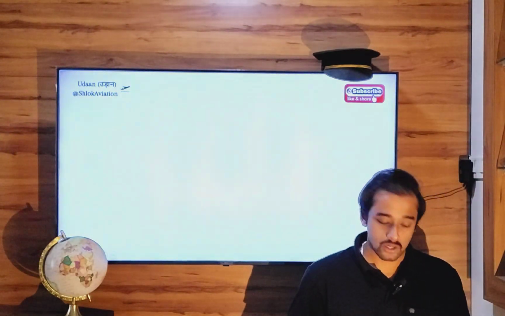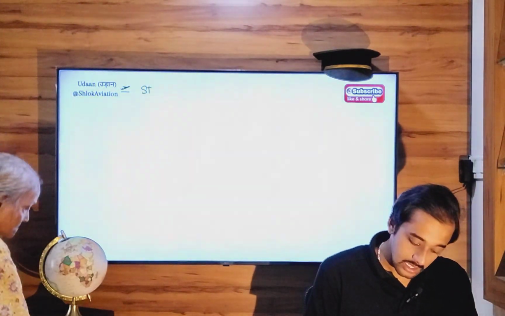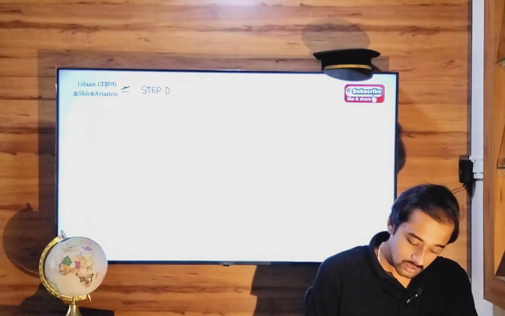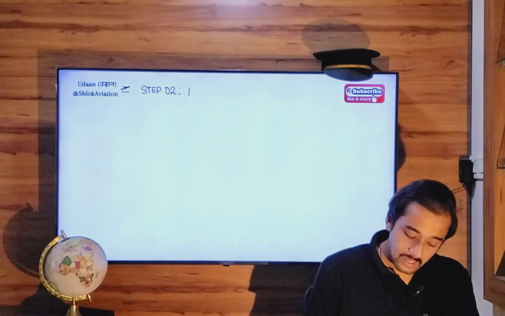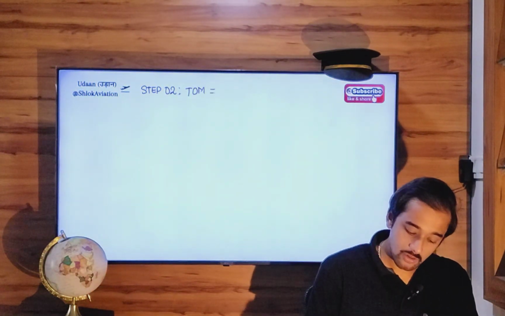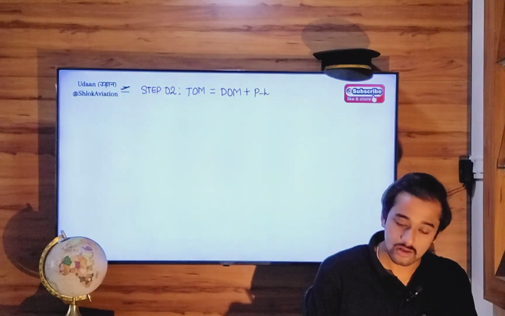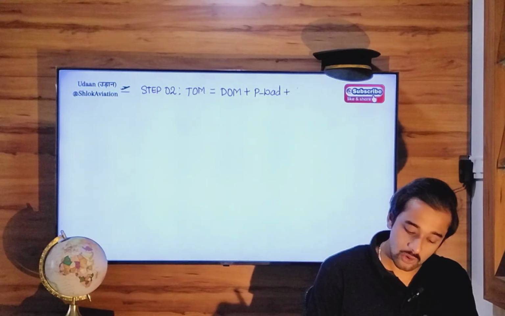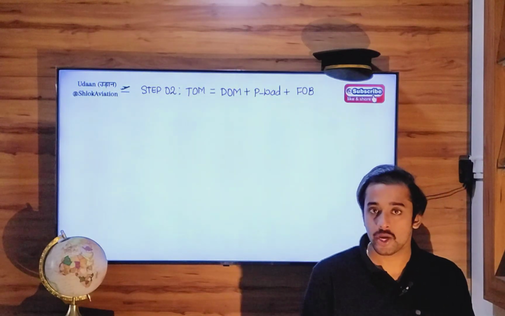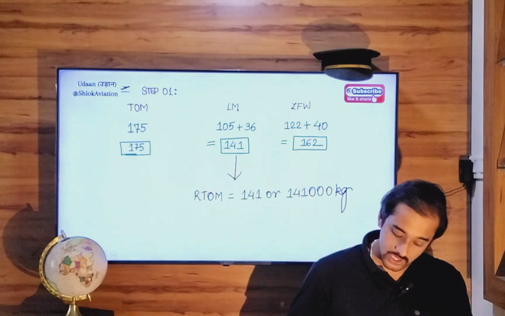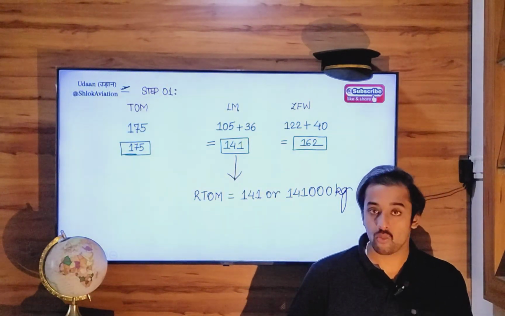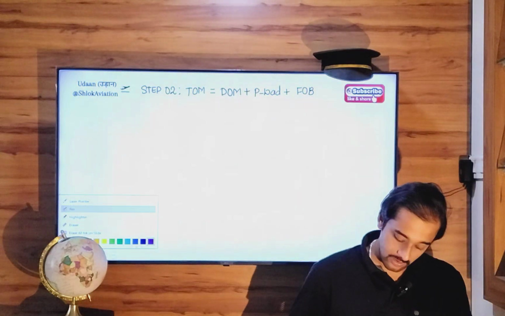So step number 2 is takeoff mass equals dry operating mass plus payload plus fuel on board, or your takeoff fuel. Substitute the values. Takeoff mass is what? 141. So write 141 here.